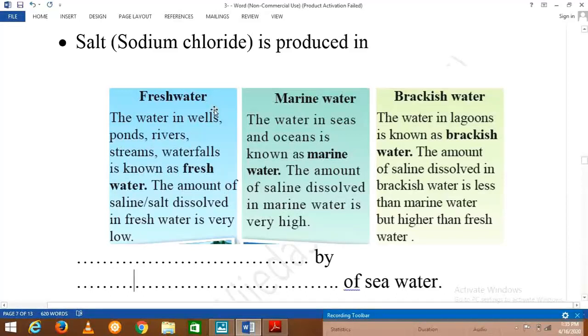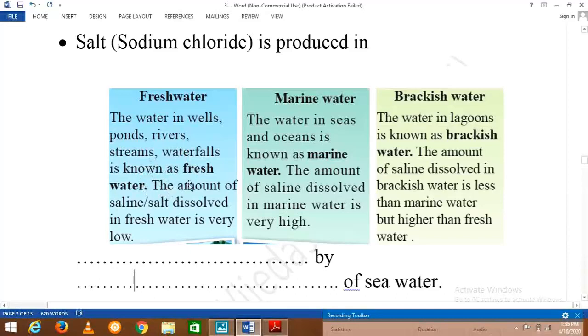So here you are given a description about the types of water based on salinity. First, fresh water. Water available in wells, ponds, rivers, streams, waterfalls is known as fresh water.